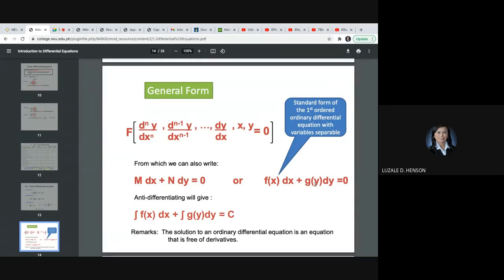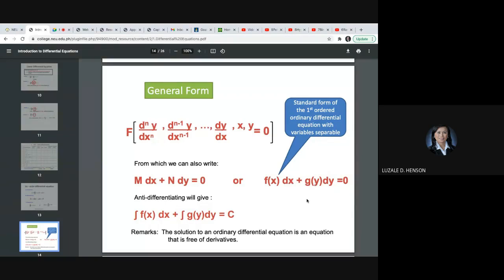But the standard form, let's say, parabola, the standard form of a parabola, standard form of a circle. Standard form of circle is x squared plus y squared equals c squared. Yan, standard form yan. Standard form of a parabola is (x minus h) squared equals 4a (y minus k). Yan, yung pagkakaiba ng standard form naman.